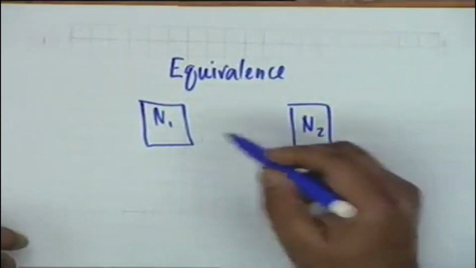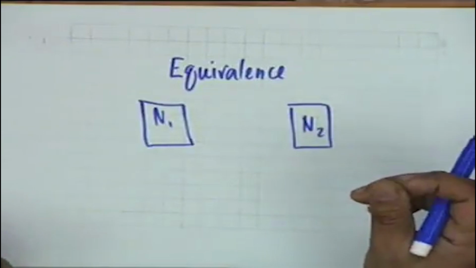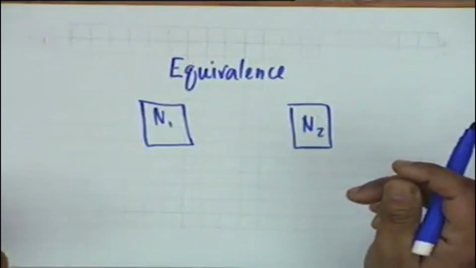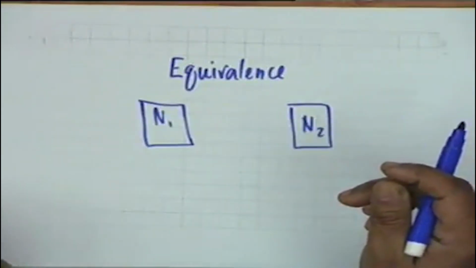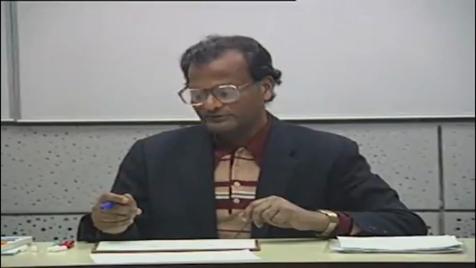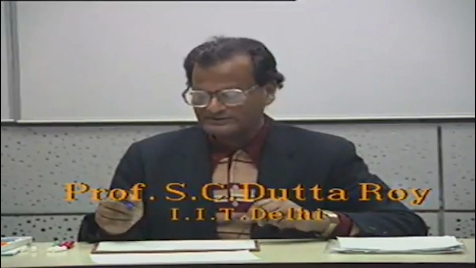The terminal behavior of a network is characterized by its voltage current relationship. If the voltage current relationships of two networks N1 and N2 at the terminals are the same, then the networks are said to be equivalent.